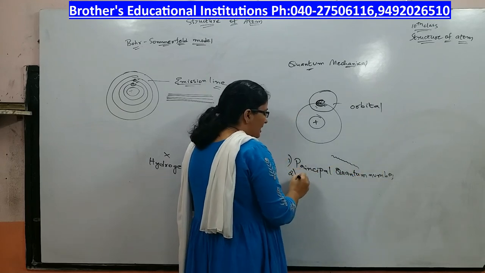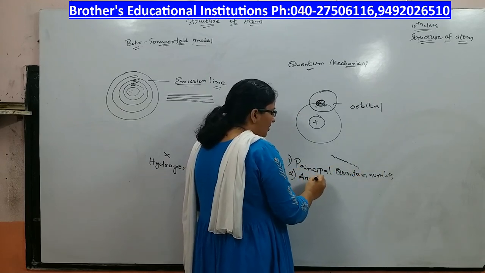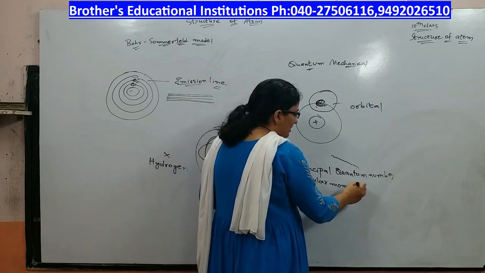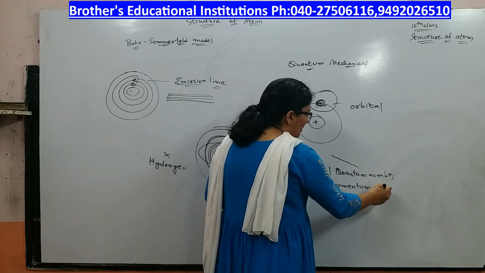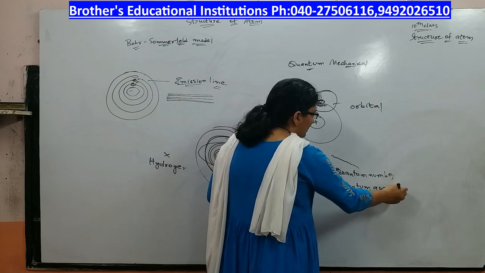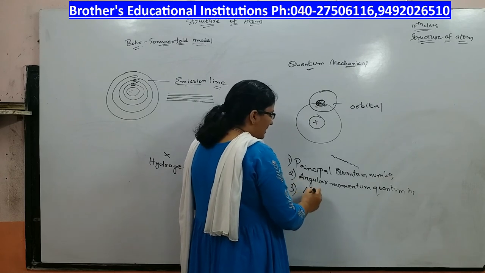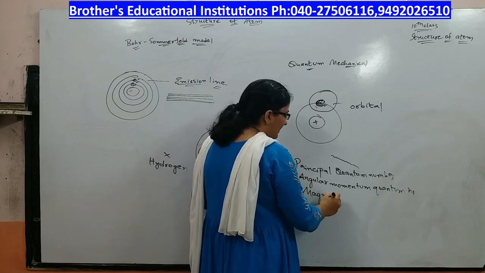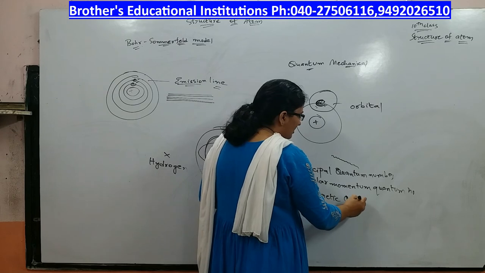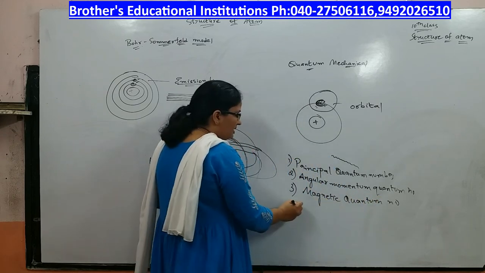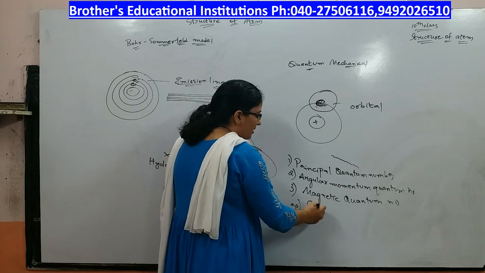Second one is the angular momentum quantum number. Third one is the magnetic quantum number. Fourth one is the spin quantum number.